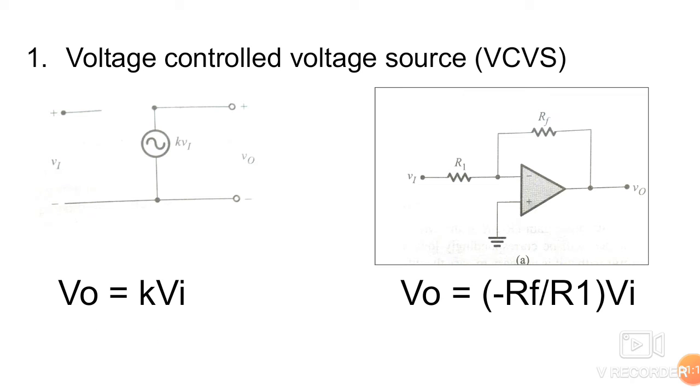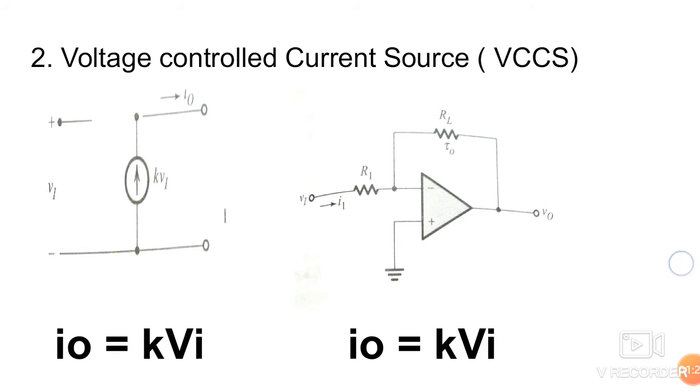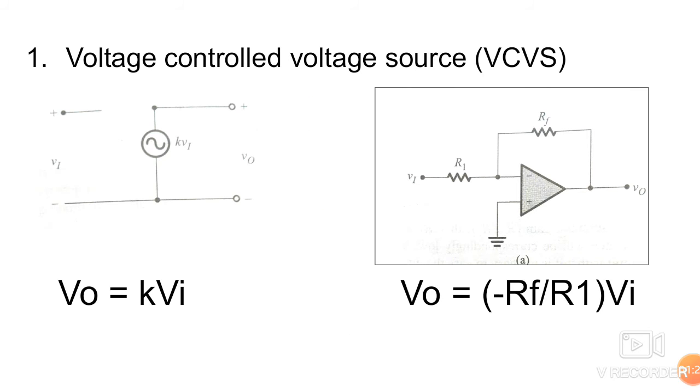Using an operational amplifier, we can also design this kind of source, that is, a voltage controlled voltage source. The circuit is shown here. In this case, V0 can be written as minus Rf by R1 into Vi.